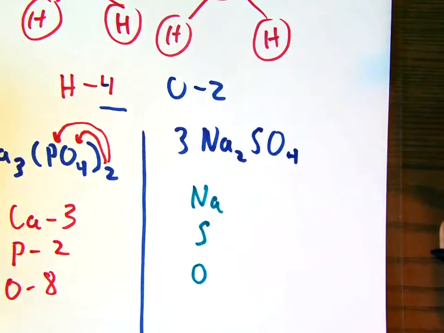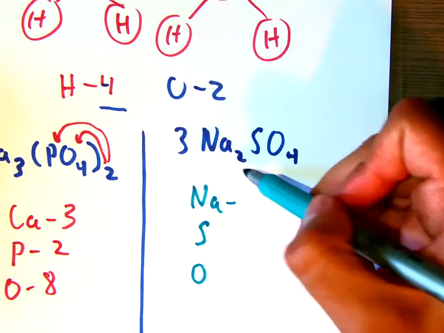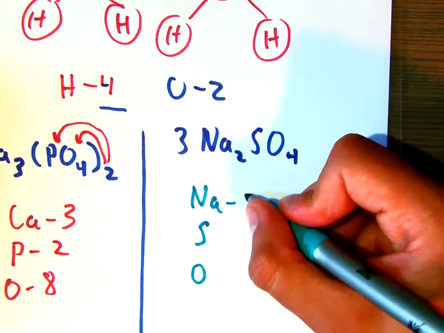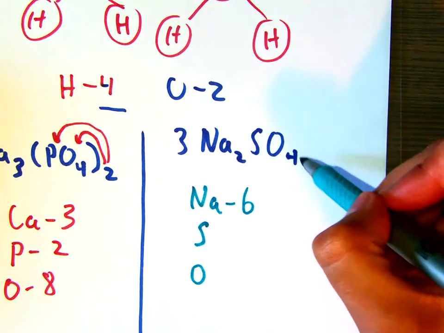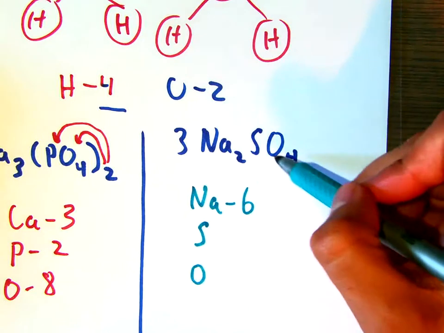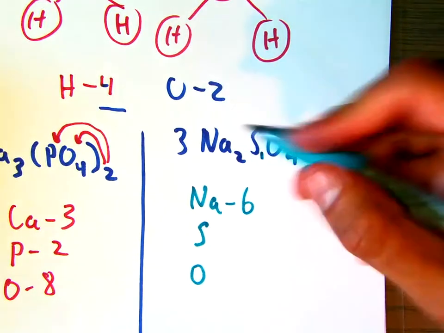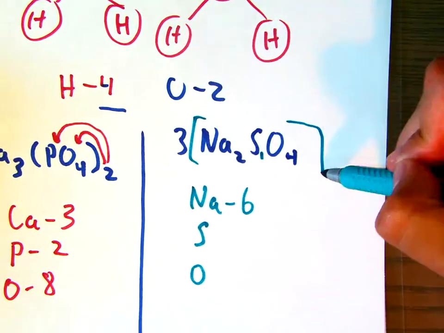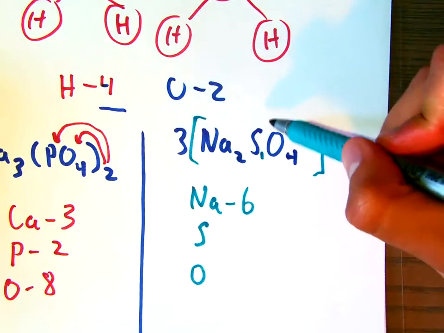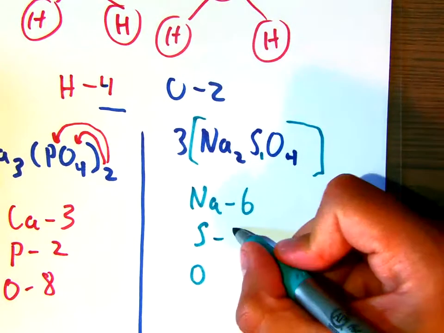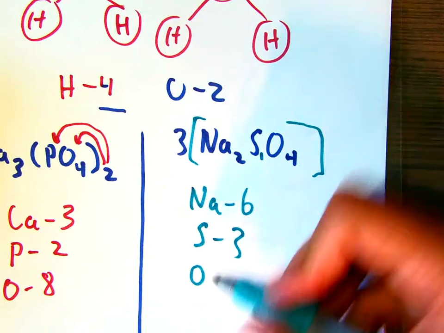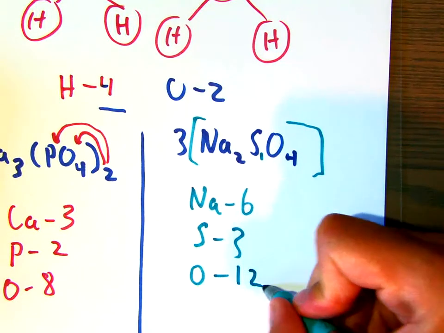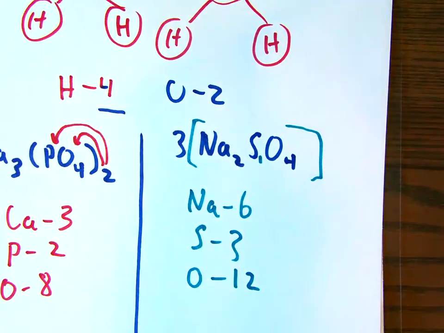I have 2 times 3 gives me 6. Sulfur: 2 times 1. Remember, this 4 only applies to the oxygen because there's no bracket. So there's an invisible 1 here; you can put it like this if it helps. 1 times 3 gives me 3. And last of all, 4 times 3, so I distribute this to every single one: 12. And that is it.